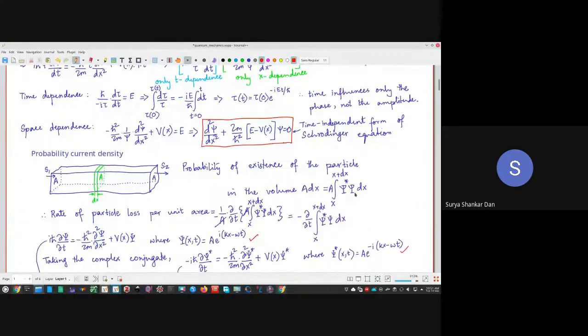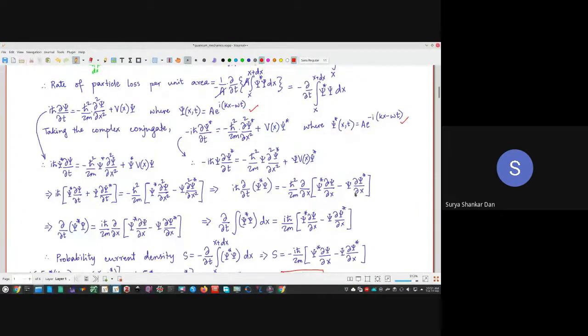You will end up getting this relation. Here, if you notice, there is the minus i. Apart from that, the entire equation remains the same as the original Schrodinger equation. So all we will do is multiply psi on both sides of the original equation, and here I'll multiply psi star on both sides of the equation.